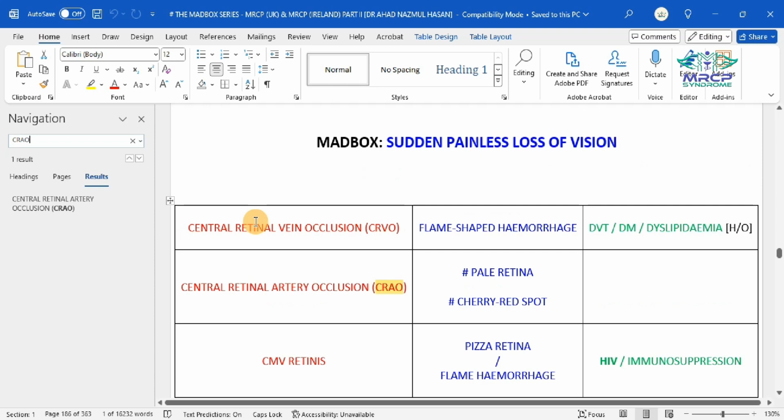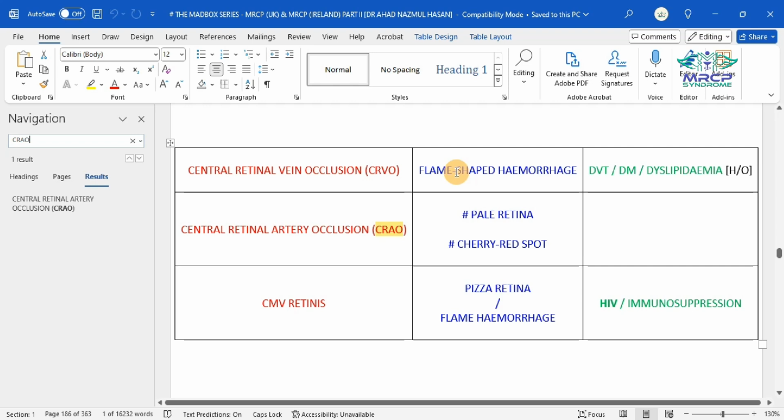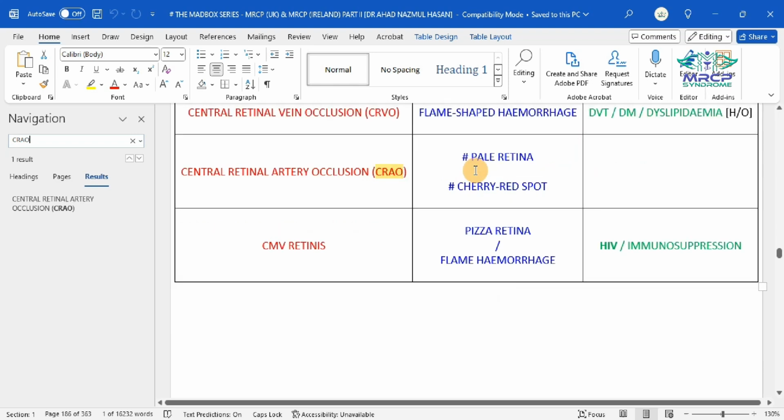In central retinal vein occlusion, there would be a history of either deep vein thrombosis, diabetes mellitus or dyslipidemia, and they will come up with flame-shaped hemorrhages with a stormy sunset appearance. In central retinal artery occlusion, they will come up with a pale retina with a cherry red spot.